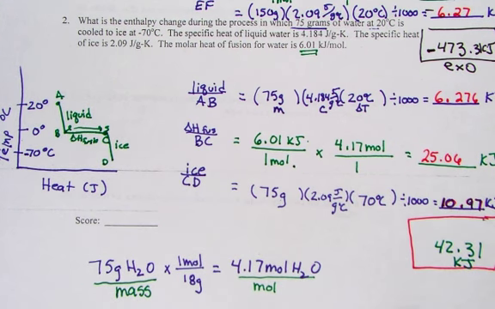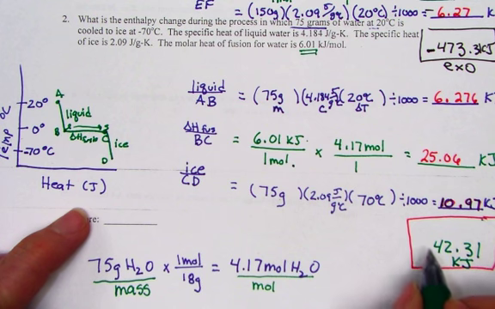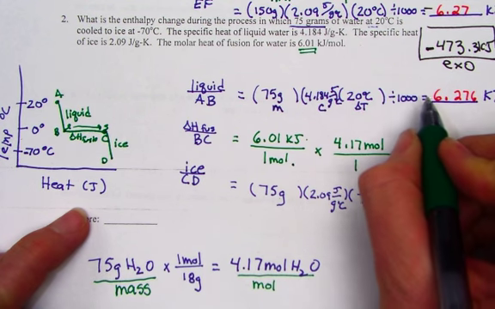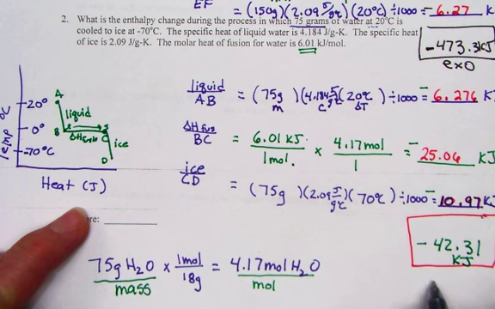Go back and consider, is this endo or exothermic? Starting at 20 and cooling it down shows us an exothermic process. Each one of our values was heat releasing, exothermic. I'll let you know I know it's exothermic by putting the negative sign, just as we did in the first problem of this objective.